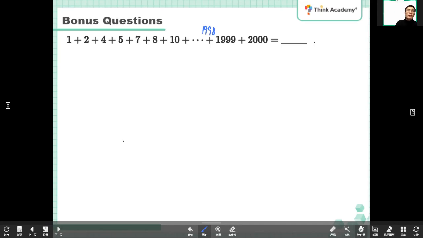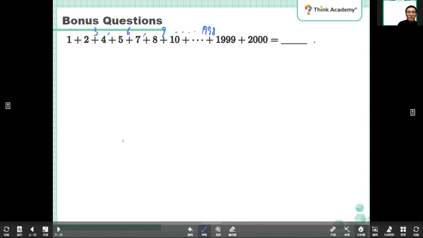Right. So we're skipping 3, 6, 9, ... all the way to 1998. So that actually tells you how we can solve this question quickly. We can put the 3, the 6, the 9 back.